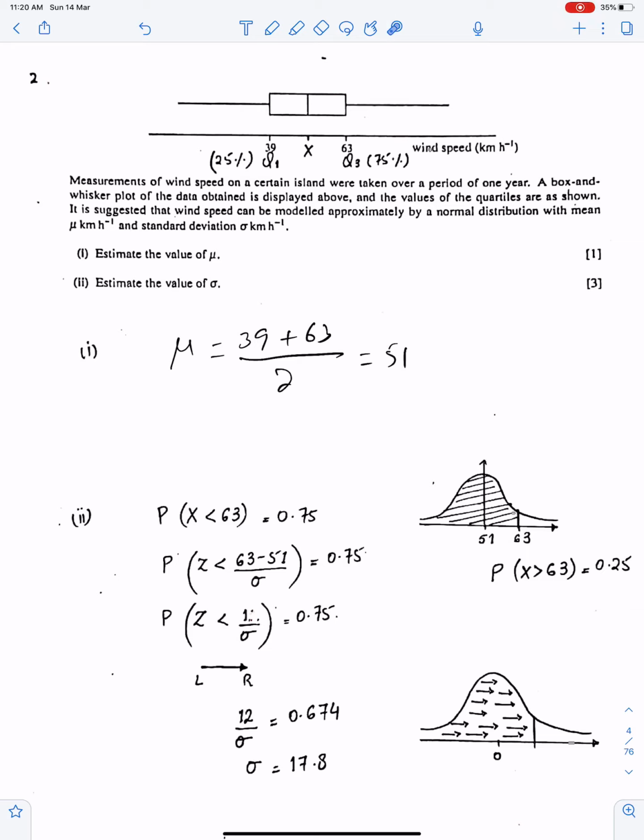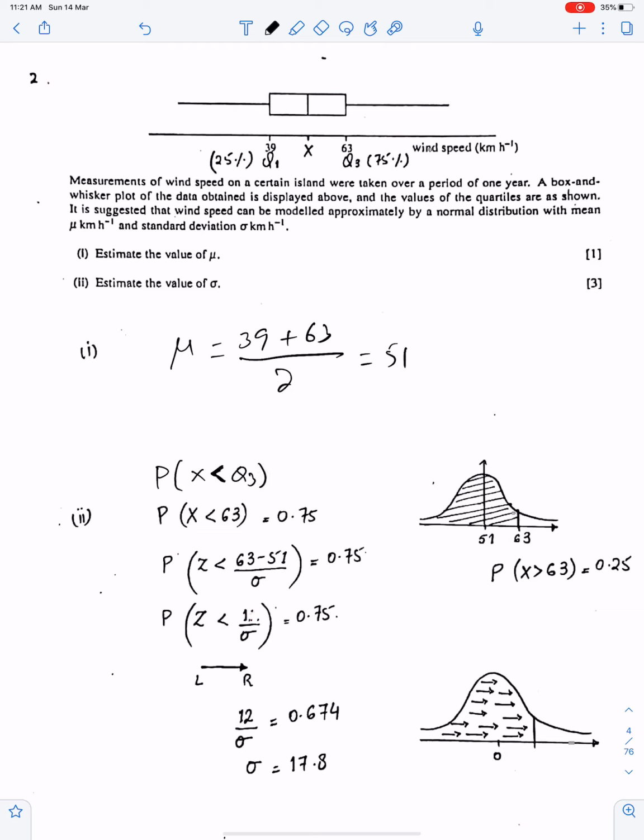Now we need sigma. Now for sigma, we have two inequalities. We can either use 63 or 39. I'm using 63 because this is the easiest one. So this is upper quartile, and you know the probability of upper quartile is this. So let me write this thing here. This will make your calculation simple, and you can understand this concept well.